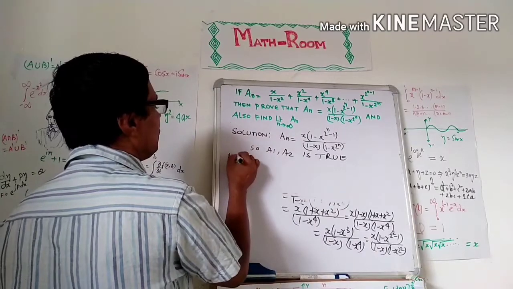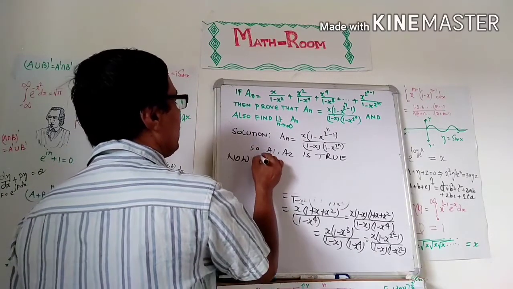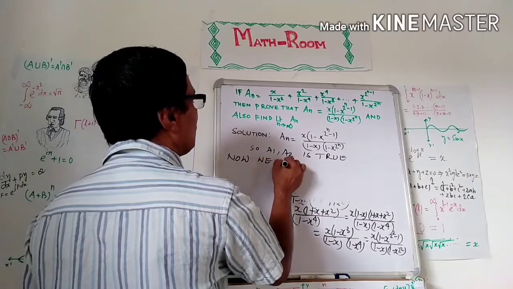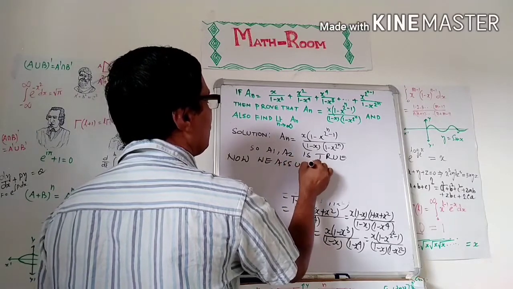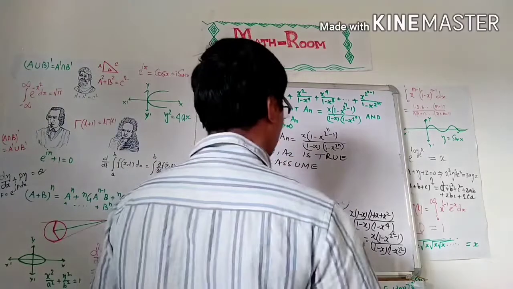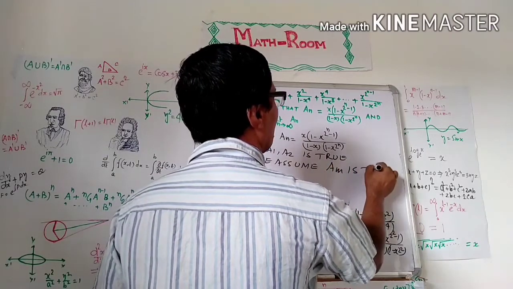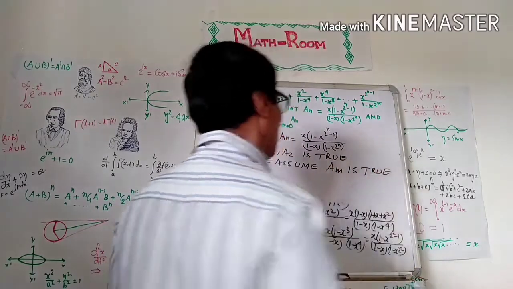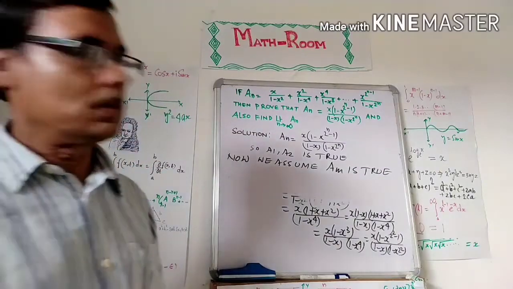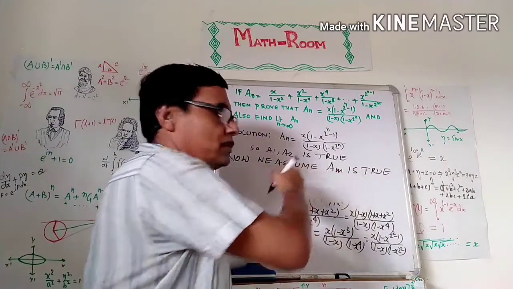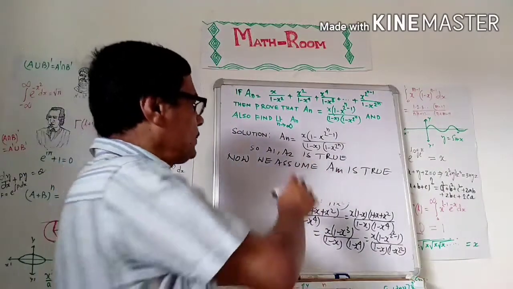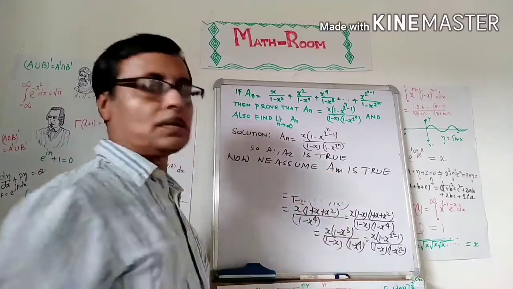Now we assume Am is true, and we have to prove that A(m+1) is also true.